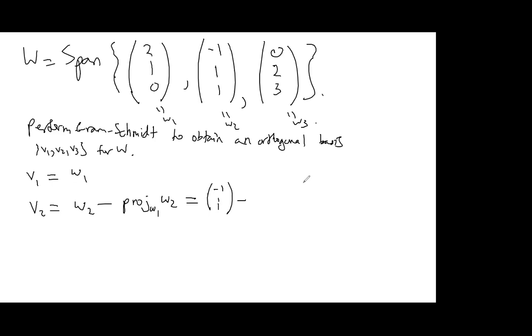the orthogonal projection, we know how to do this. Here's W2. It's the dot product of W1 and W2 over the dot product of W1 with W1. I'll just write that out slowly.